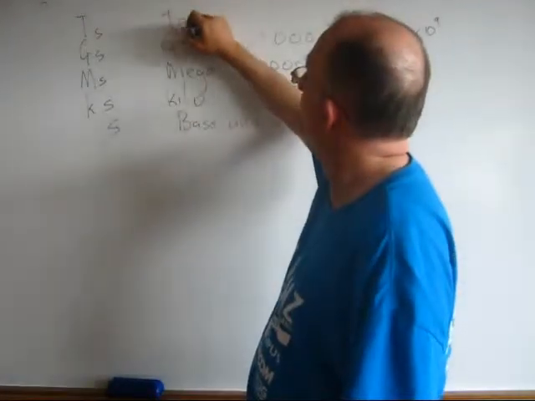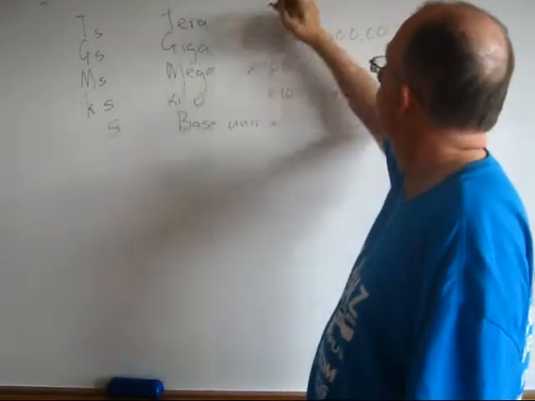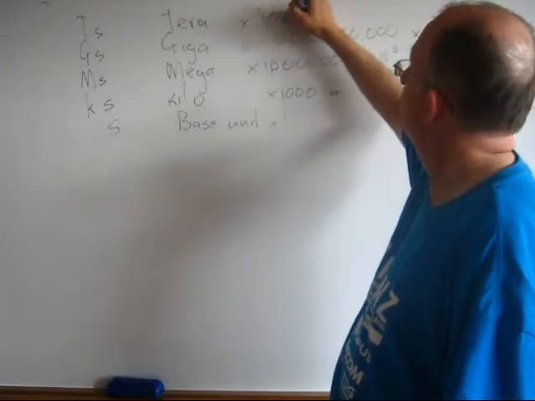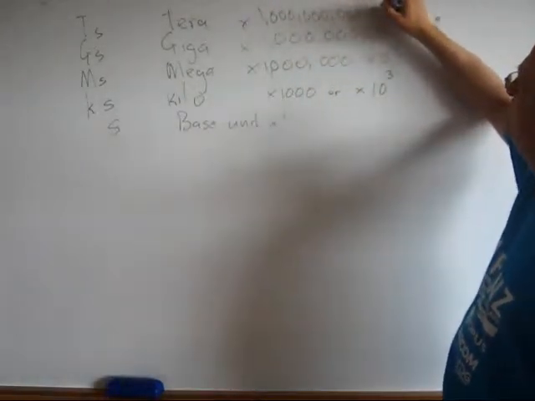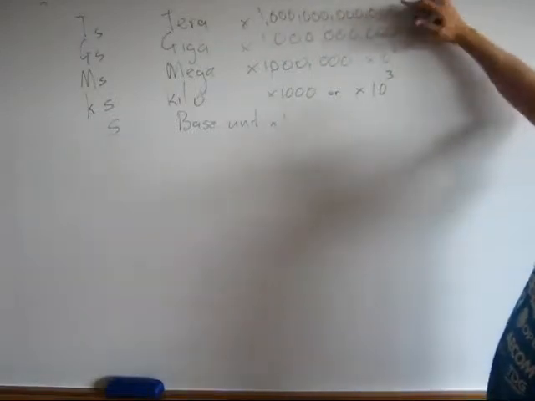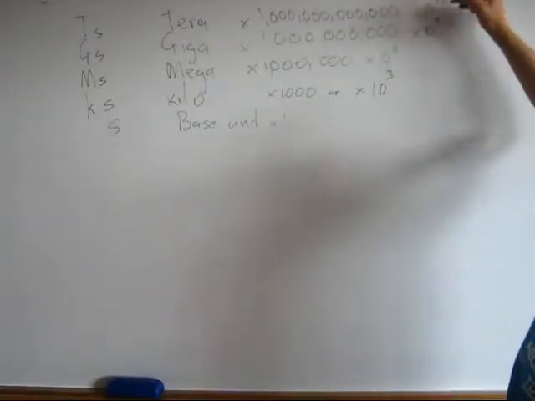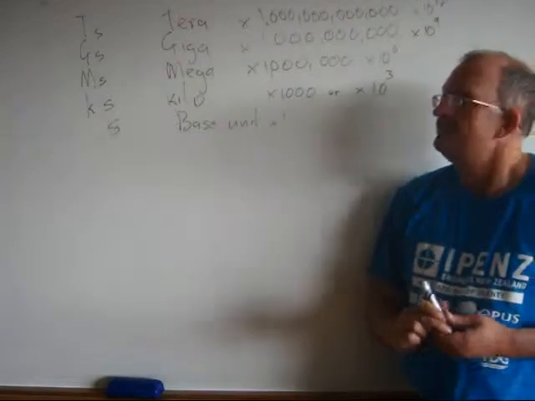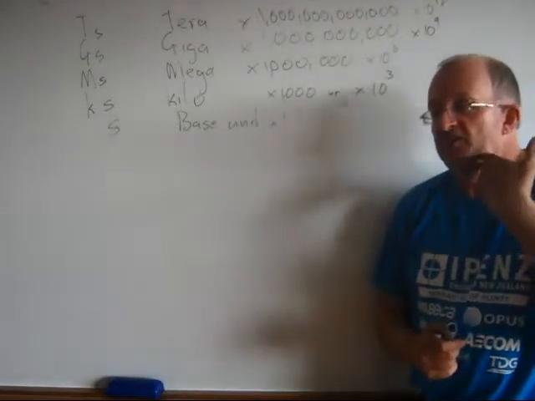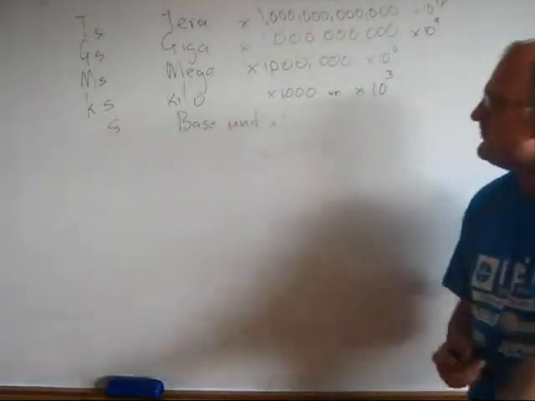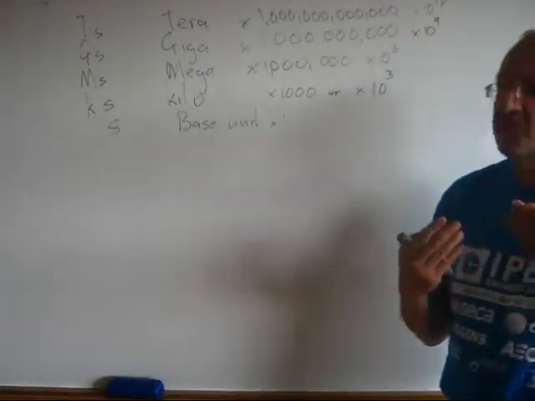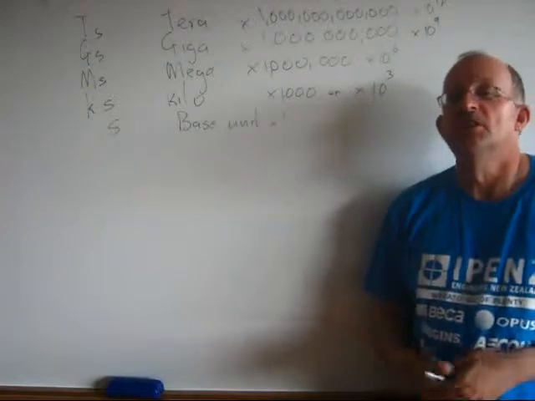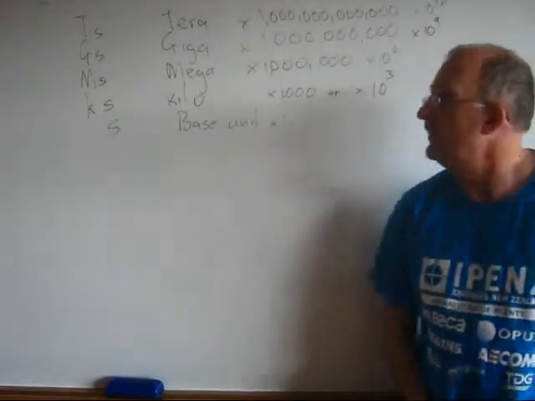Tera times, sorry, this could take a while, million seconds, or a trillion. Okay, so that's getting bigger, and above tera goes peta and so on. We go up to about 10 to the 21.